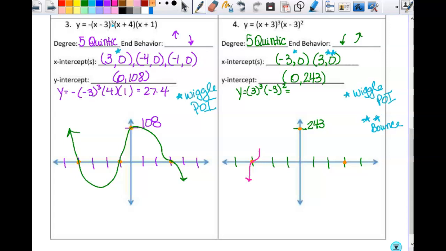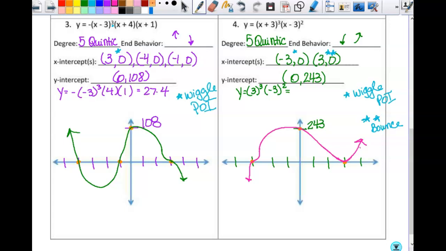And even on the bounce, if you know you're supposed to bounce here and end up back up there, you could go ahead and put that there so you don't mess yourself up, but that's totally up to you. So then I get here, that means I'm going to come up through 243, hit that, bounce up. So double check your end behavior. I said I have it down, up. That's what I said it was supposed to be. I actually hit my intercepts. I'm not crossing through the x-axis on any extra points at all, and I'm good.